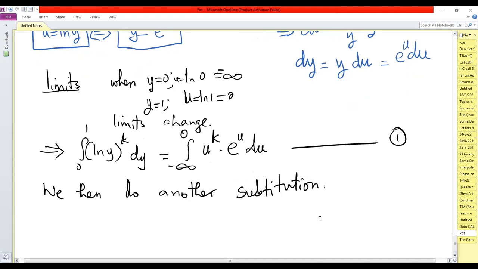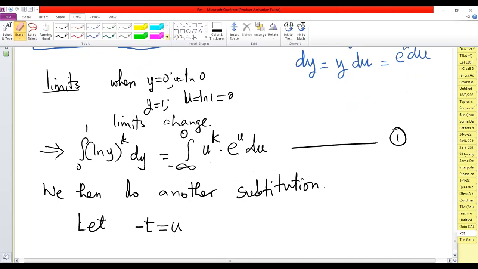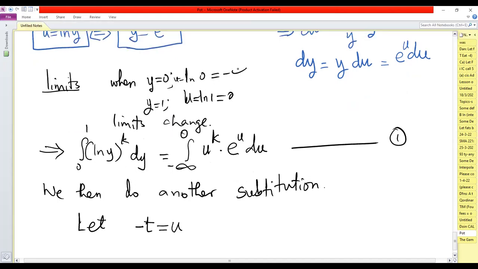So in the new substitution, we let negative t be the same as u. Remember ln of 0 here is negative infinity. So which means negative dt is the same as du.